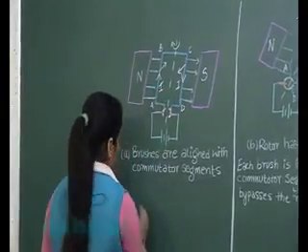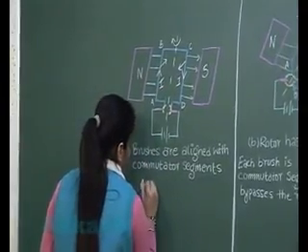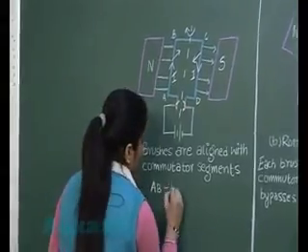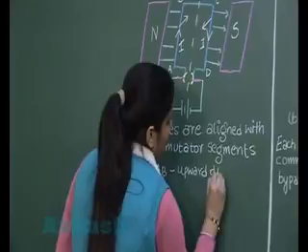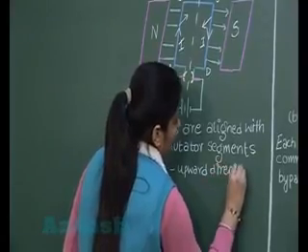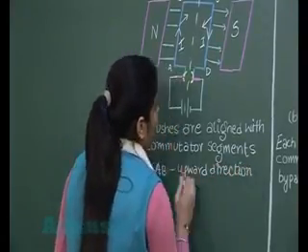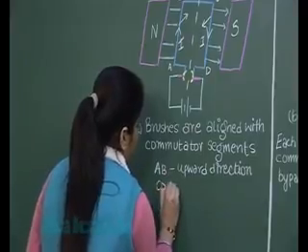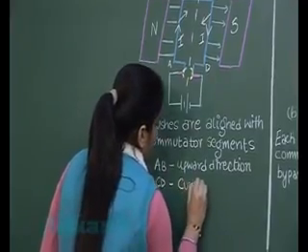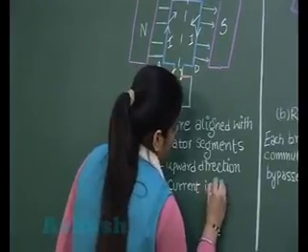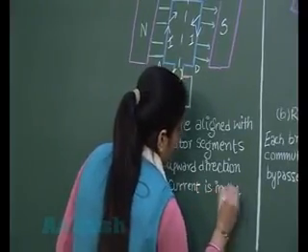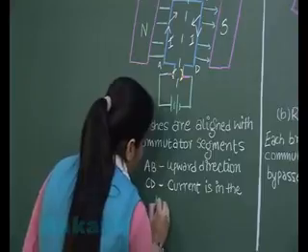Student, in this case, in arm AB, current is in the upward direction. In arm CD, current is in the downward direction.